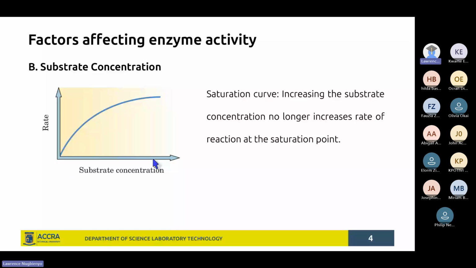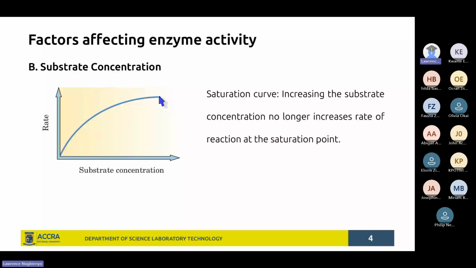But you notice that at a point, this linear relationship flattens out so that the rate of the chemical reaction becomes constant from a certain concentration of substrate. And bear in mind that you have enzyme concentration being constant with the other factors.